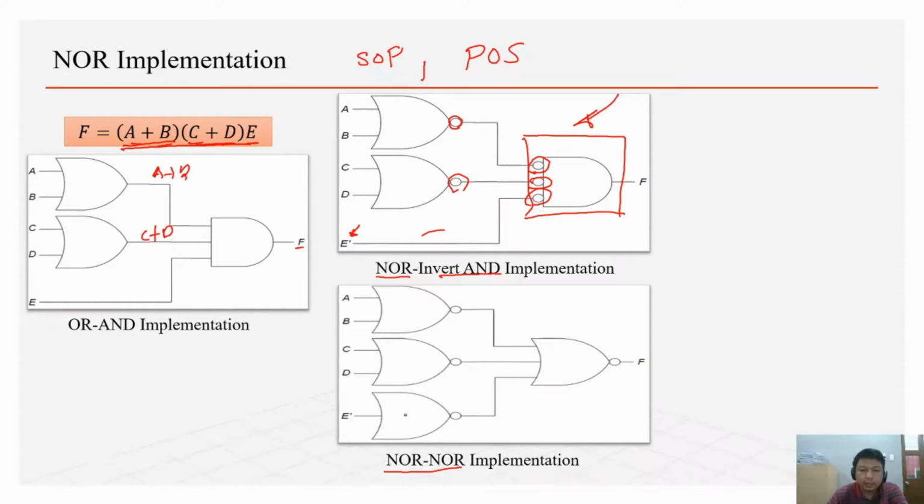So again, if you notice, this gate here is a representation of an inverter. This is a representation of inverter. This should not be here. Tanggalin na natin ito. Wala dapat ito kasi in-invert na natin siya dito.